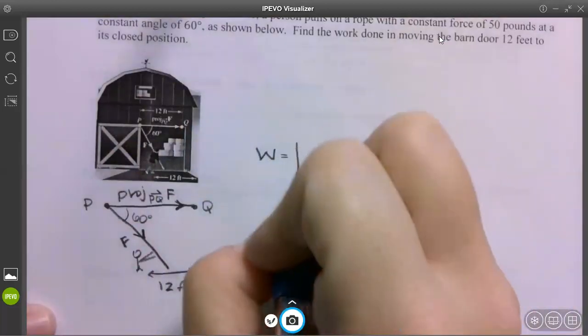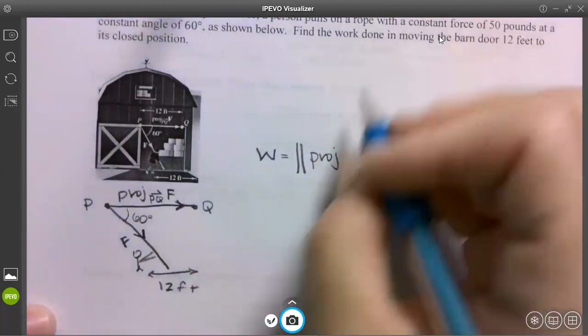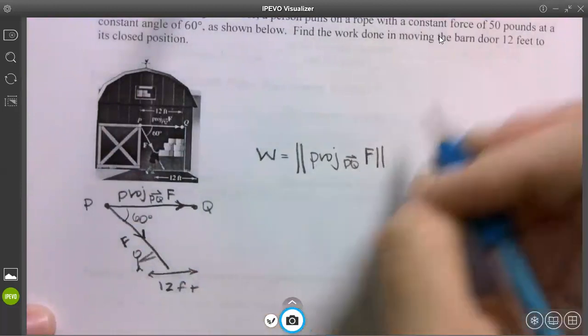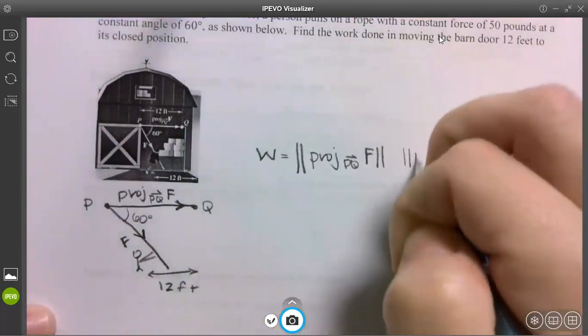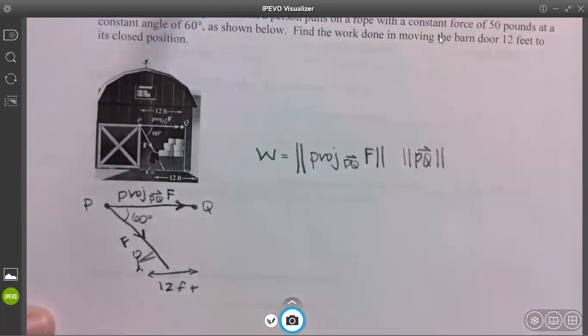So W equals the magnitude of the projected force onto the vector PQ times the magnitude of PQ. It says to close the sliding barn door, a person pulls on a rope with a constant force of 50 pounds. 50 pounds.